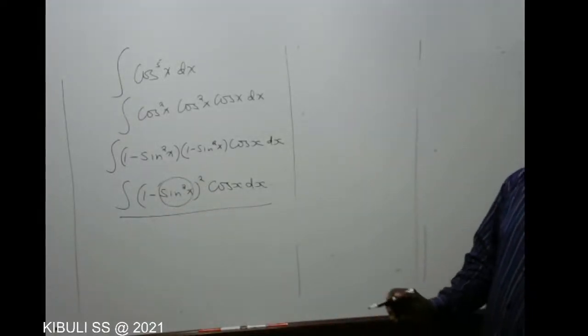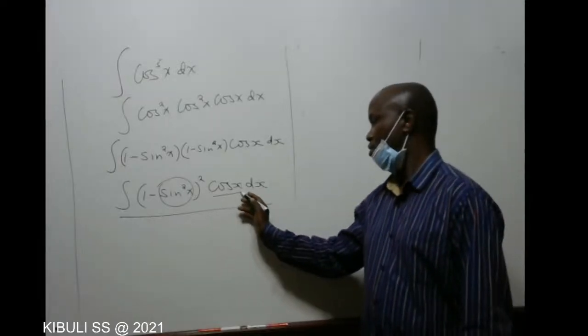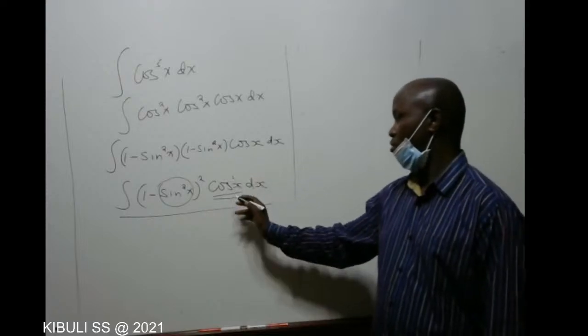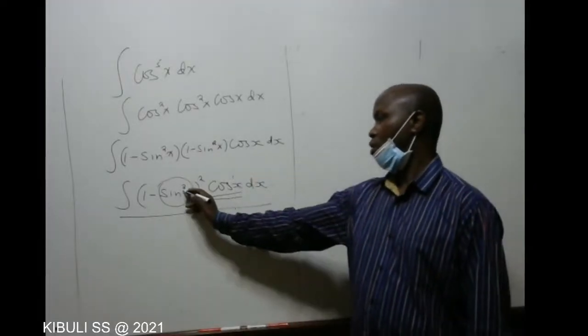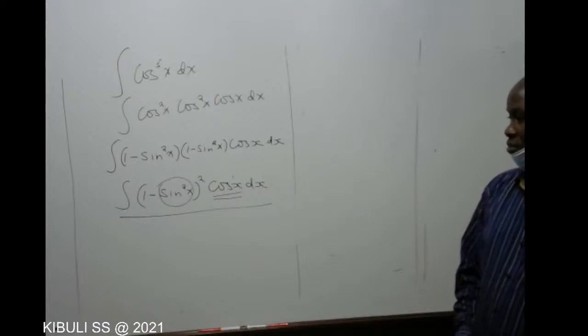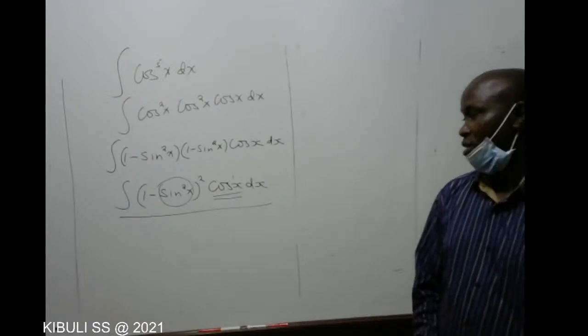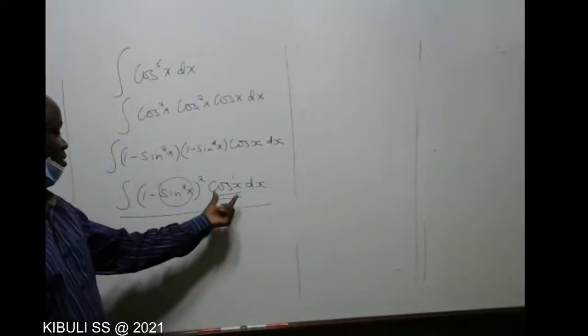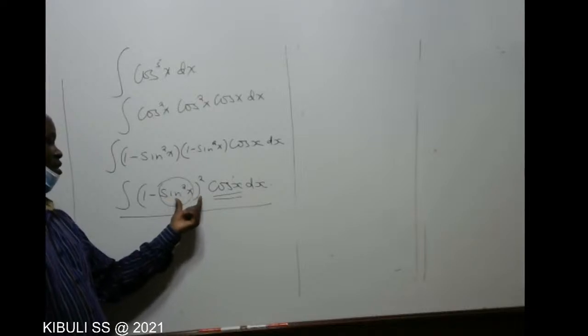The one with the least power becomes the derivative. So cos has power 1, sin is power 2. So sin is our function. Cos is the derivative, sin is the function.